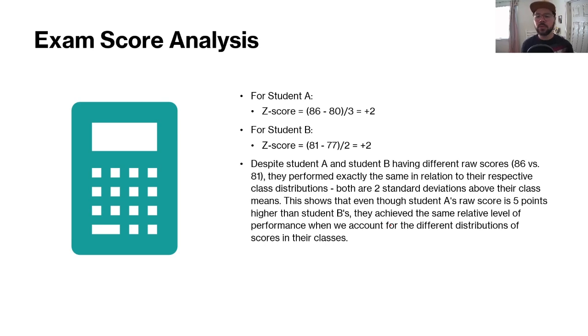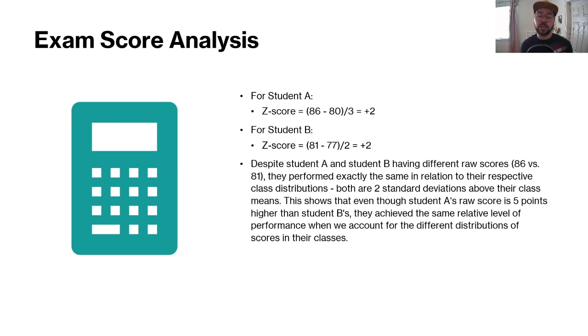If, for example, let's say student A ended up calculating to be a z-score of negative 2. If someone scored a negative 2, then they did worse than student B. And not just because we're comparing their raw score, but by converting into z-scores, we are able to compare them against their class averages and then ultimately to one another, okay?